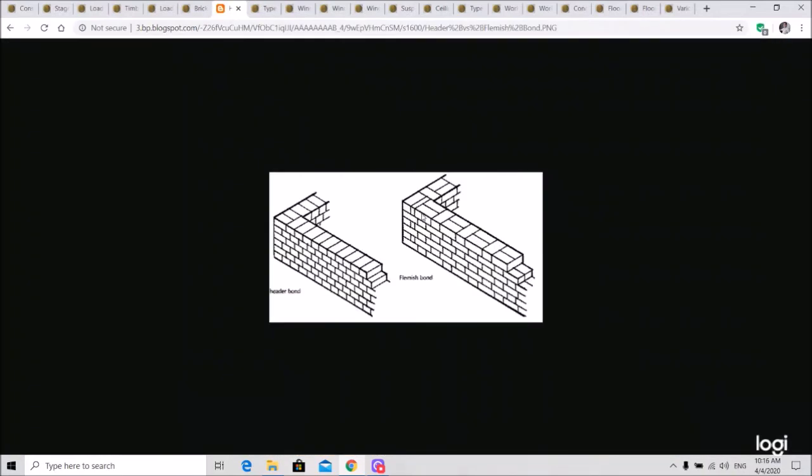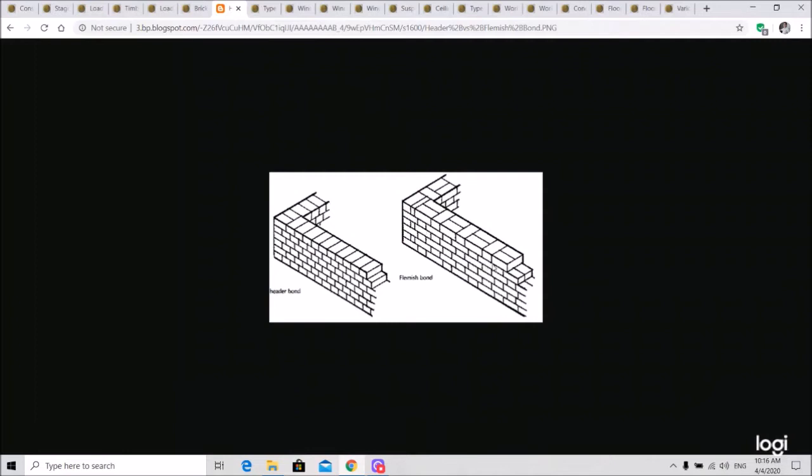Flemish bond, you can see this is header. Anyway, this is something which is called queen. Why? Because if you take this portion, stretcher, header, stretcher, header, stretcher, header, right? Then below is the opposite, header, stretcher, like that.